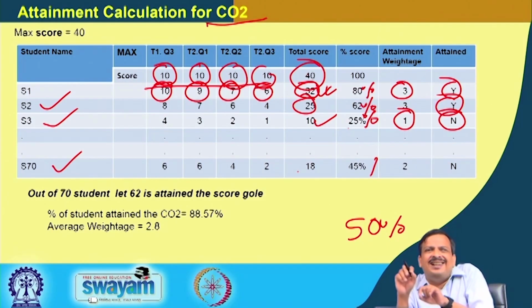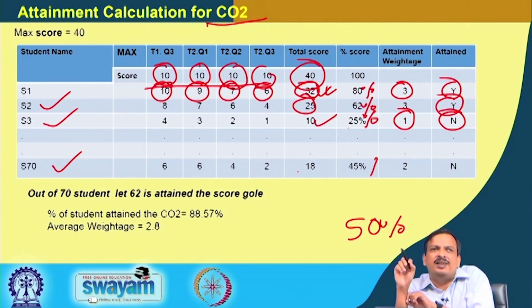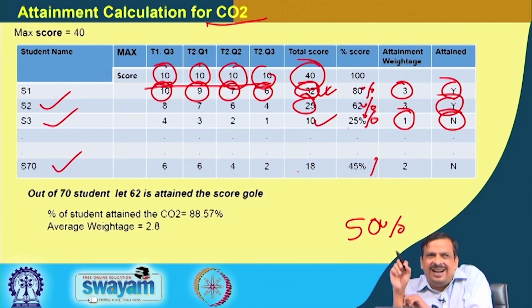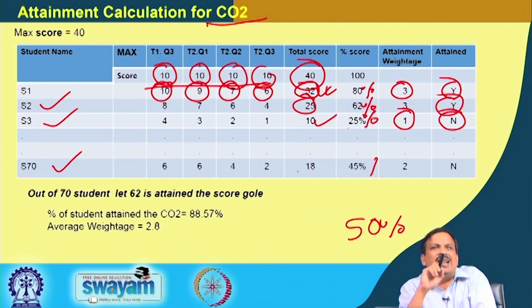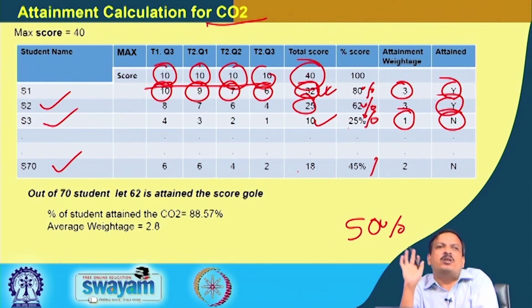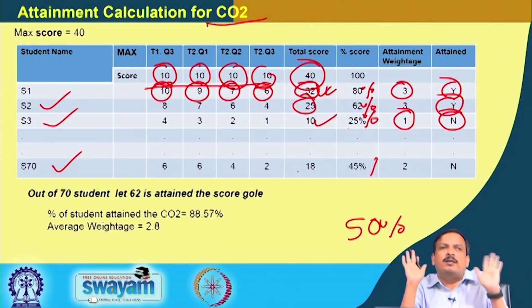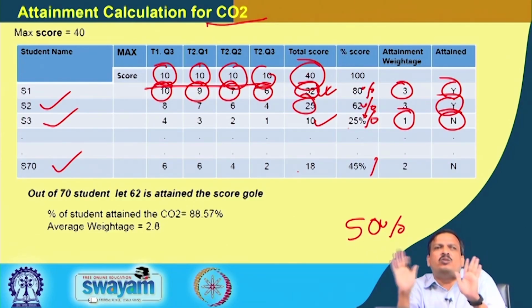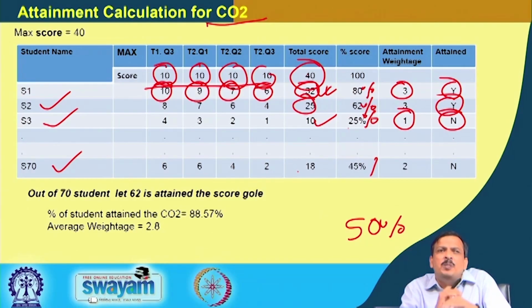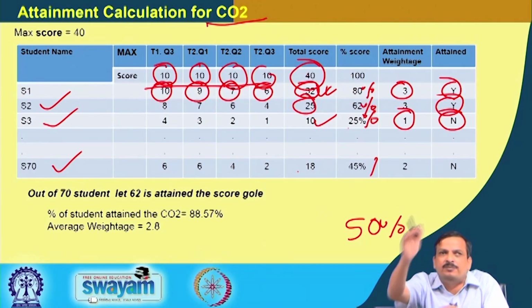So, I cannot guarantee 100% efficiency. In ideal cases all 70 students must attain CO2, but in a class it is never possible. We wish that all students perform well, but that is not possible. We have to maximize the performance.